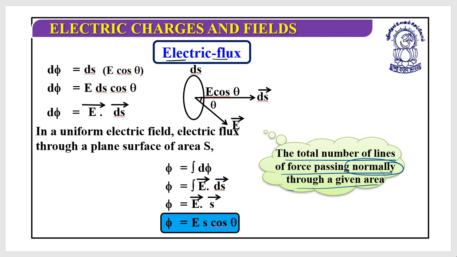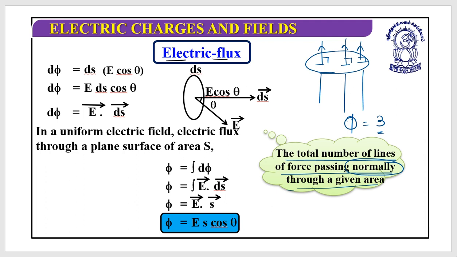So let's say this is an area, and these three lines, 1, 2 and 3, pass through this area perpendicular to it. Look at this. Then the flux associated with this surface is 3.